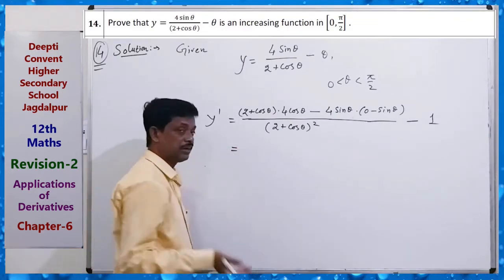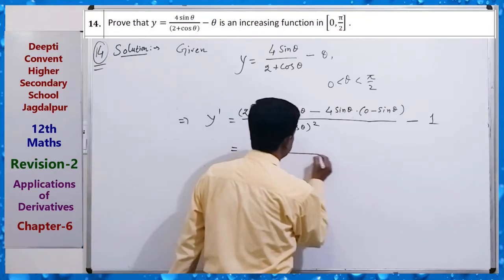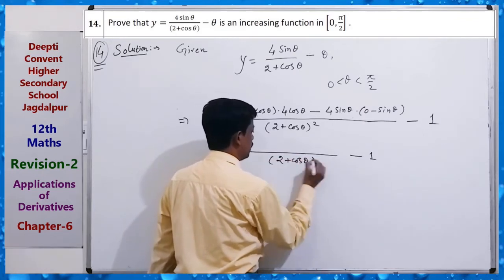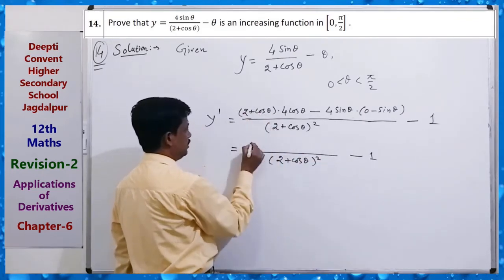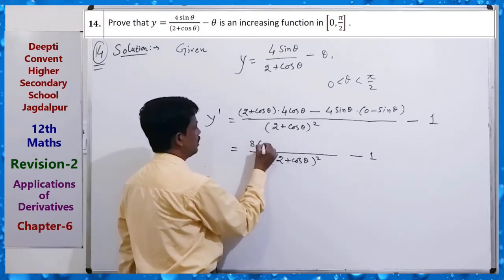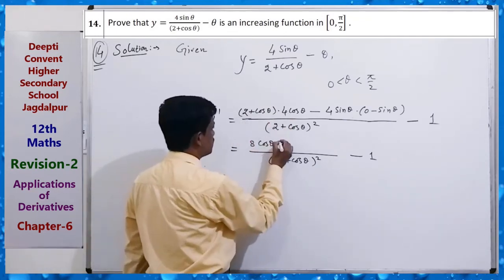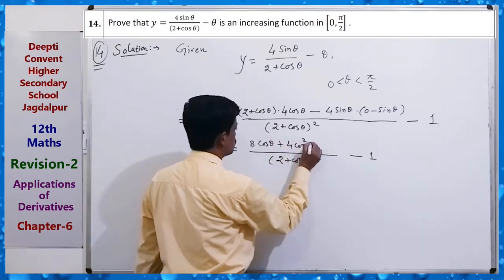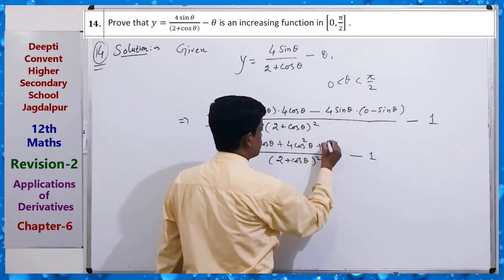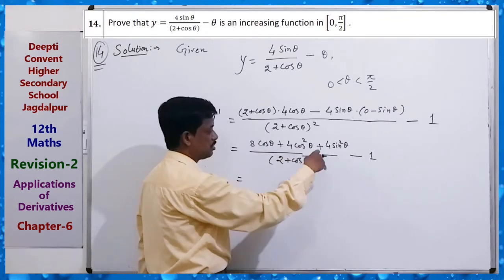So what is our target? y dash is greater than or equal to 0. You have to show this. So solve it over 2 plus cos theta square. Multiply it: 8 cos theta plus 4 cos square theta plus 4 sin square theta. 4 common, cos square theta plus sin square theta is 1.